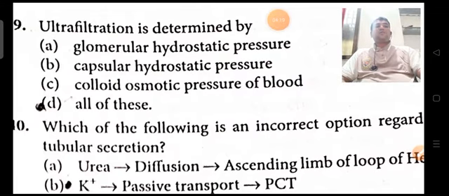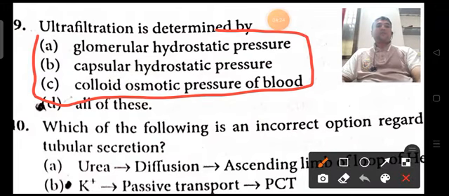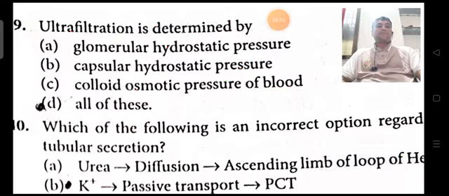So all three options are involved, and the best suiting option for this is all of these. So this is the right answer.